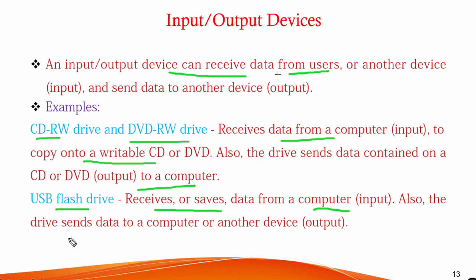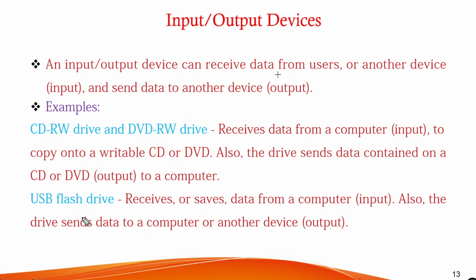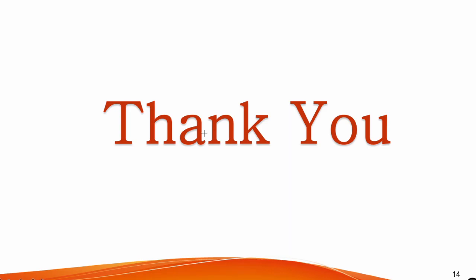Also these flash drives send data to the computer, that is another device, as the output. So in this situation, these are both input and output devices. And thank you one and all.